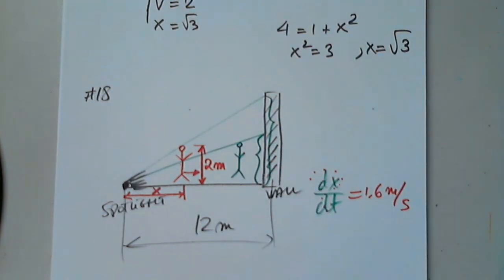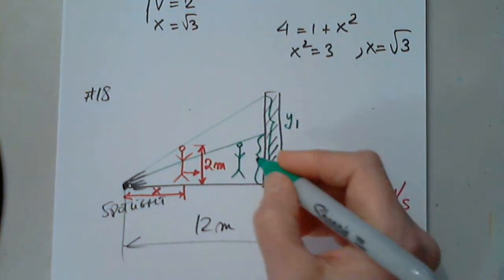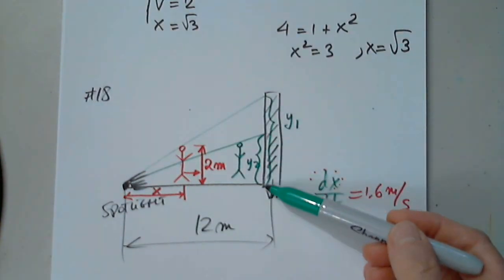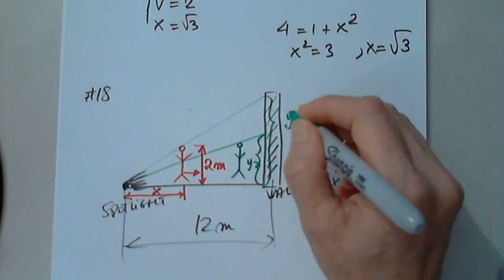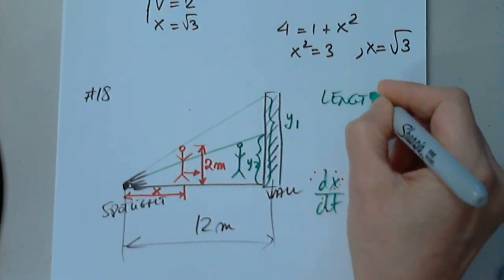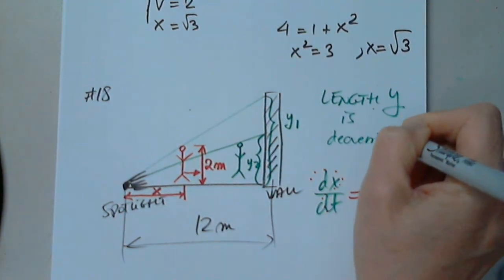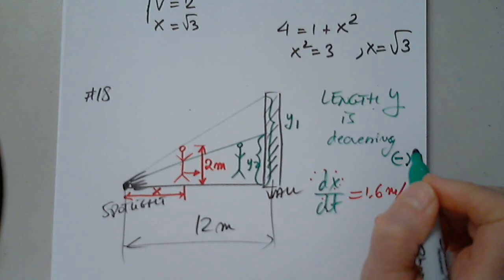This is the length of the shadow. So when he walks closer and closer to the wall, if this is, let's say, y1 and this is y2 at different moments, the length y is decreasing. So I expect a negative symbol for the rate of change.